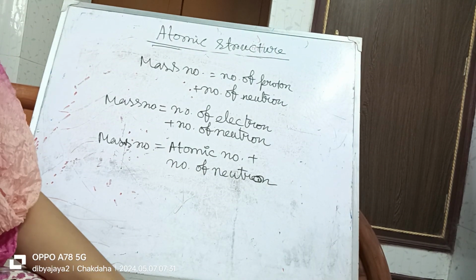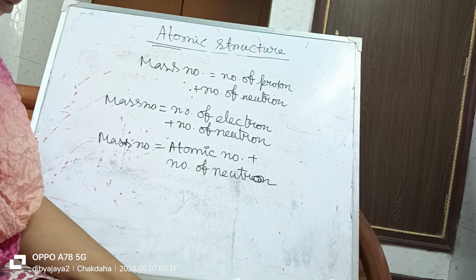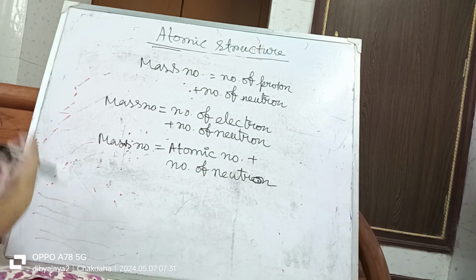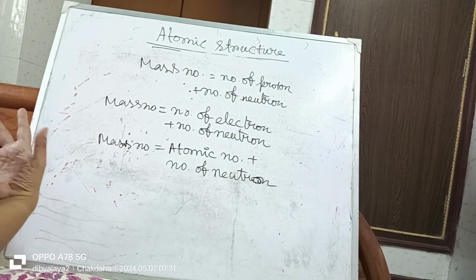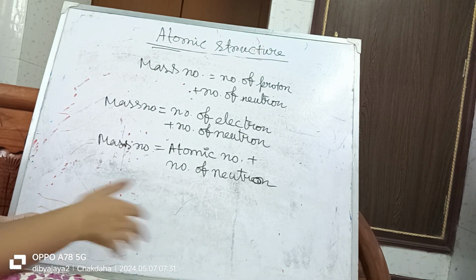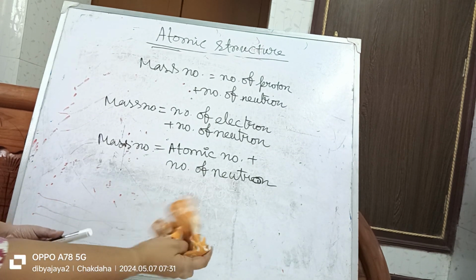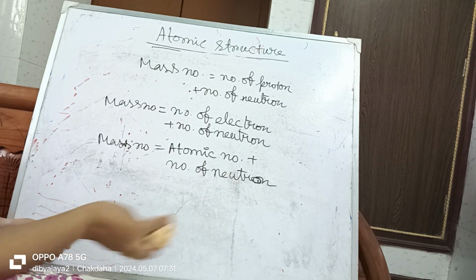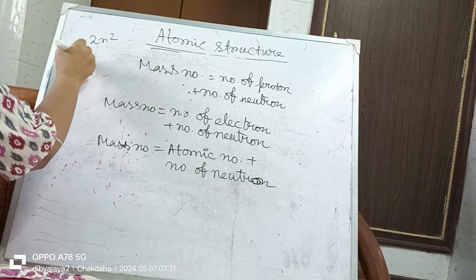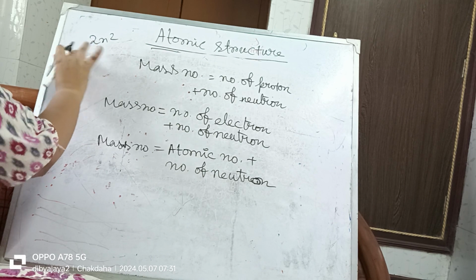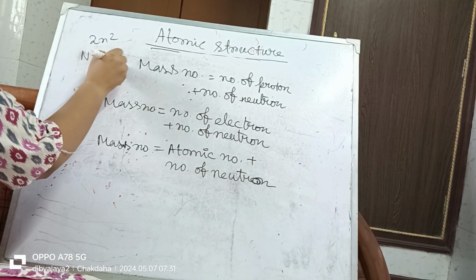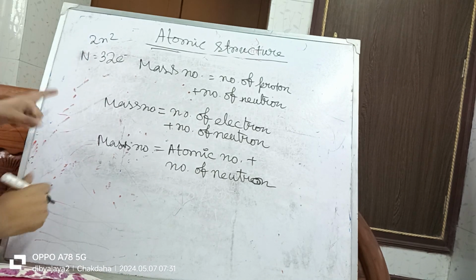Okay, next, already we know how to write the electronic configuration of any element. Here is a rule, 2n square. According to that, in the n shell the maximum number of electrons is 32.